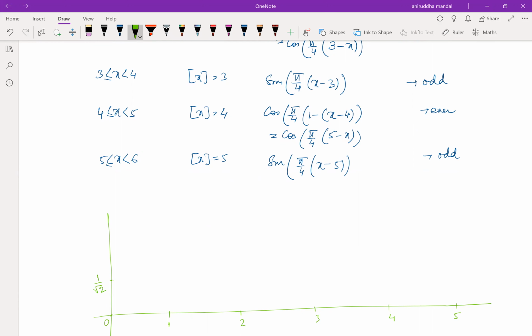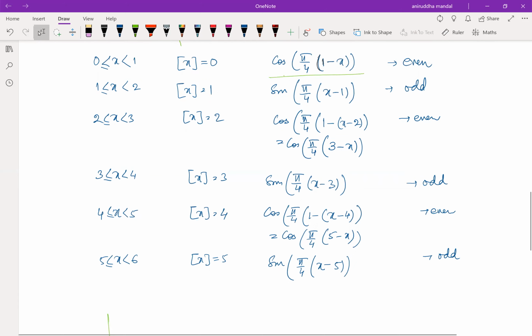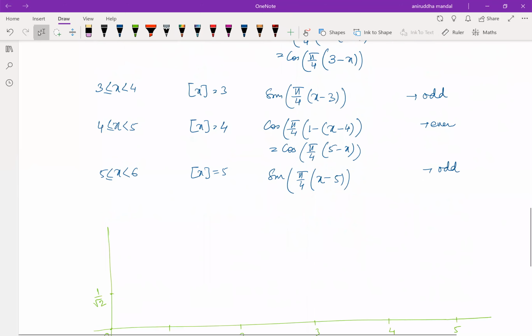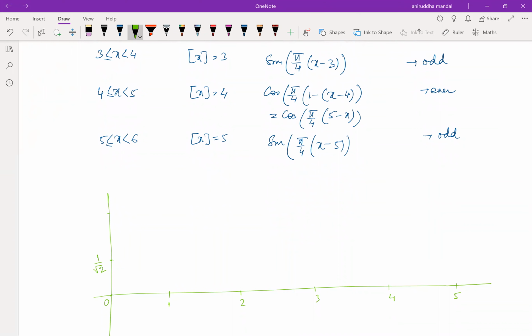Then 0 to 1. 1 means if we put x as 1, so we have cos 0. Cos 0 means 1. So we have this is 1 point. Okay.